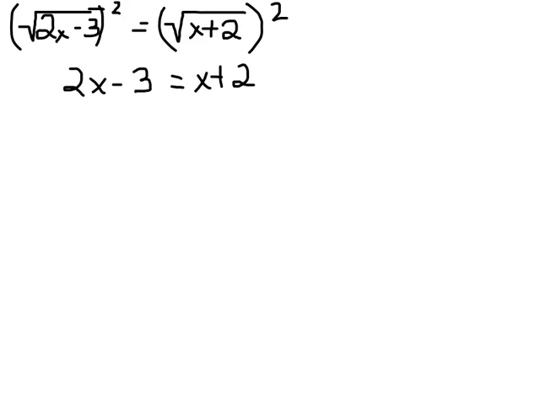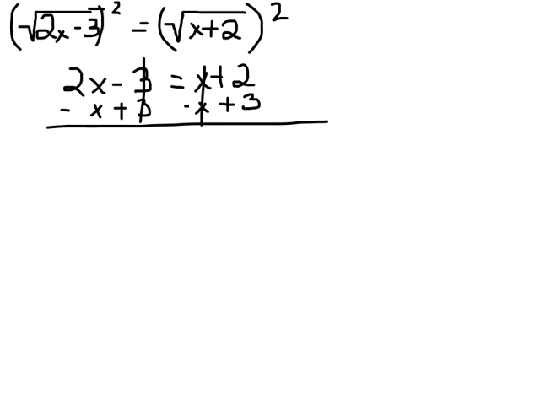Then I'm going to add 3 to both sides. I'm going to subtract x from both sides, and I've eliminated the middle terms. 2x minus x equals x. 2 plus 3 equals 5.